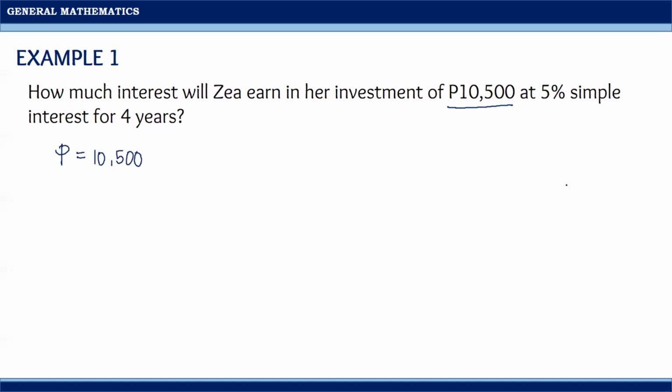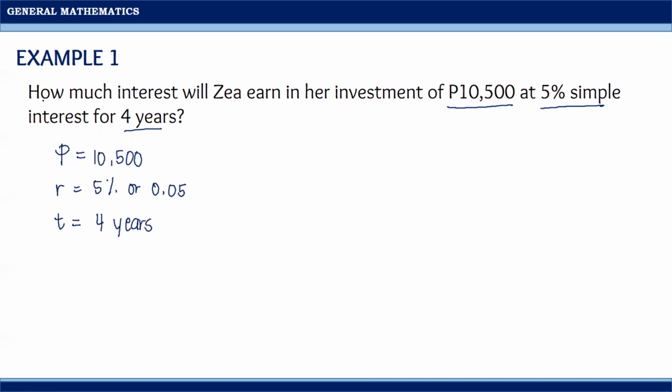The investment will earn 5% simple interest, therefore R is equal to 5%, or in decimal, 0.05. Time is equal to 4 years.